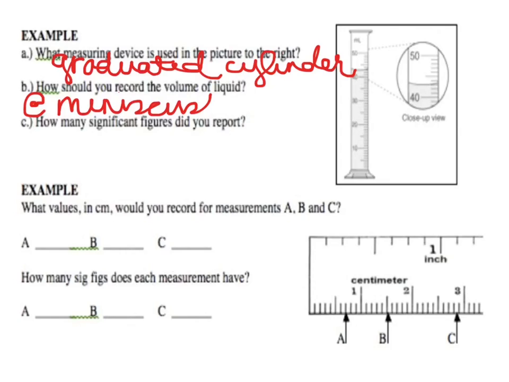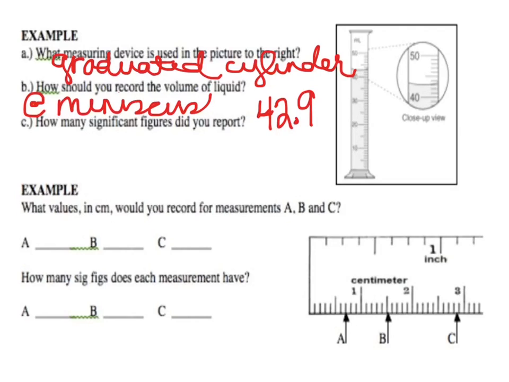43? Is the meniscus exactly on 43 or is it below it? 42 point maybe 5, or I would say 6 or 9. When we're measuring, we can go to the ones place, 41, 42, but we always go one digit after.